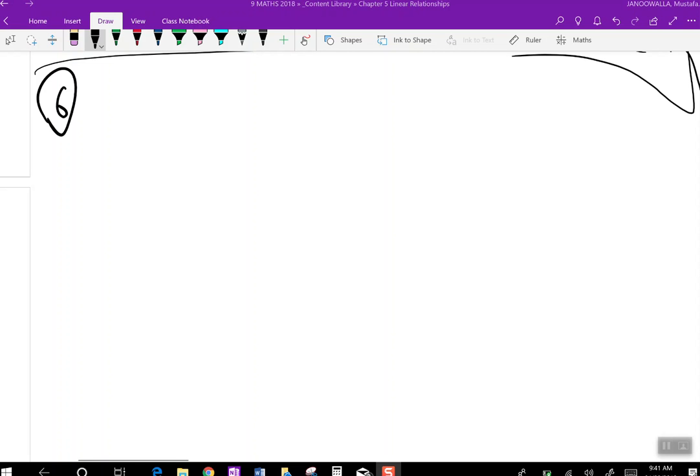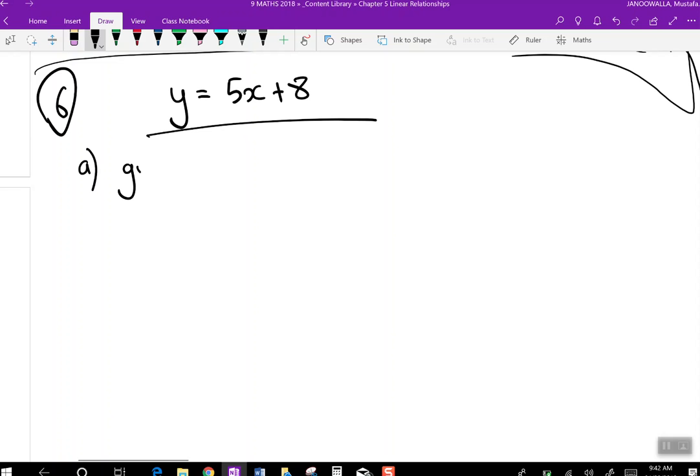Formula for a straight line drawn on a Cartesian plane is given by y equals 5x plus 8. So that's your equation. What you want to do, part A, it says, what's the gradient?